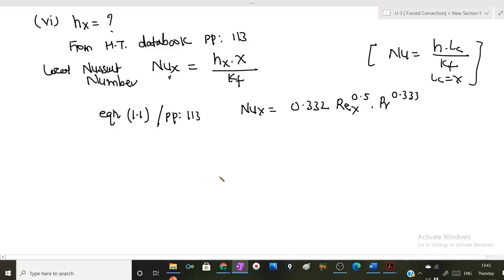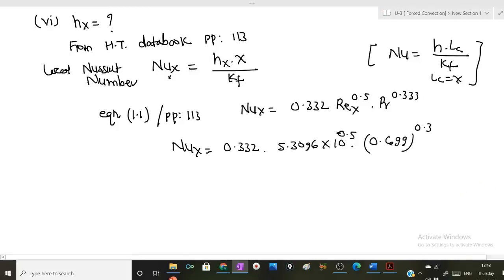So calculate the value of local Nusselt number: 0.332, 5.3096 into 10 to power, sorry, it is not minus, 0.5, and value of Prandtl number is 0.699 to the power 0.33. So the value of NUX comes out.